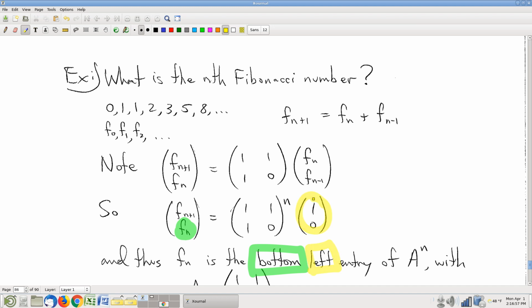It comes from the left column of this matrix to the nth power, because that's what multiplication by 1, 0 does. That 1, 0 picks out the left column of that matrix. So we are looking for the bottom left entry of A to the n. Okay.